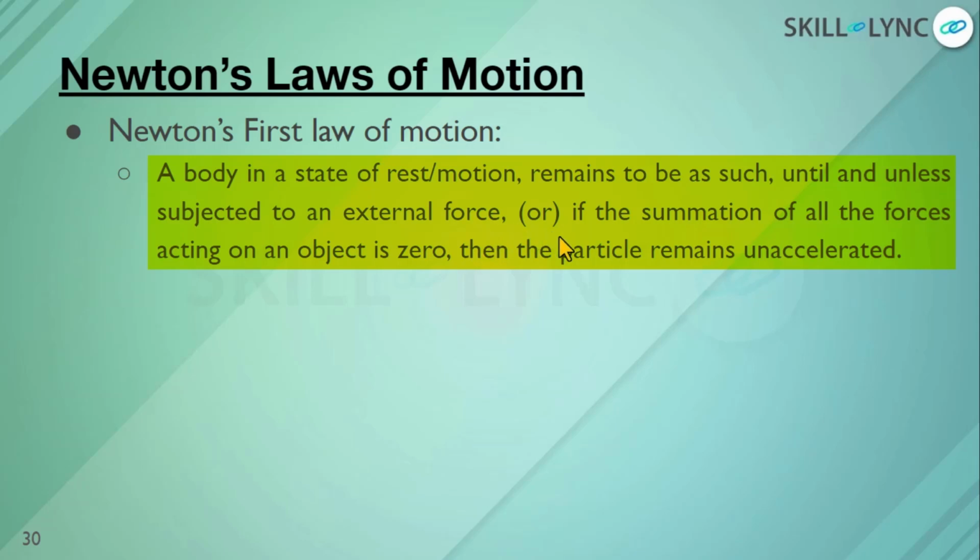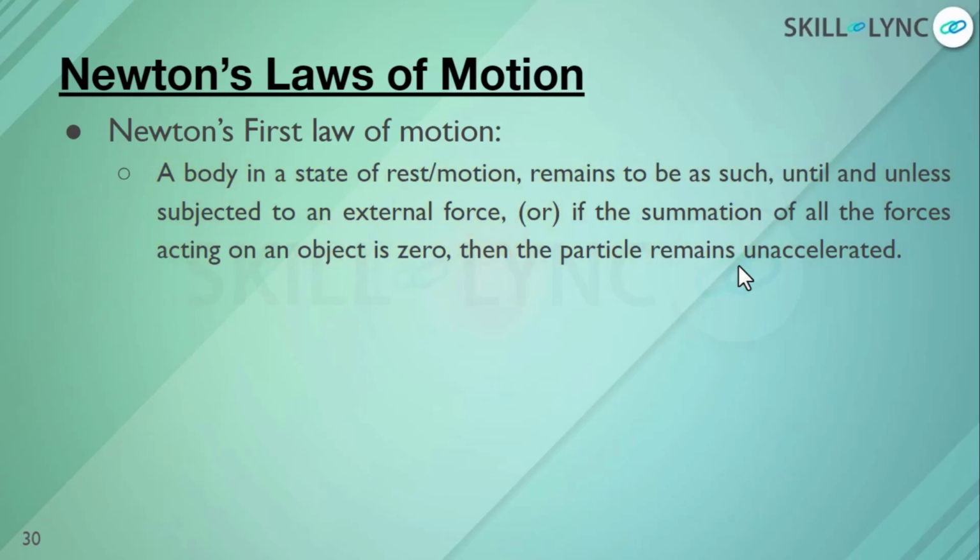This can also be said as: if the summation of all the forces acting on an object is zero, then the particle remains unaccelerated. This is called Newton's first law of motion.